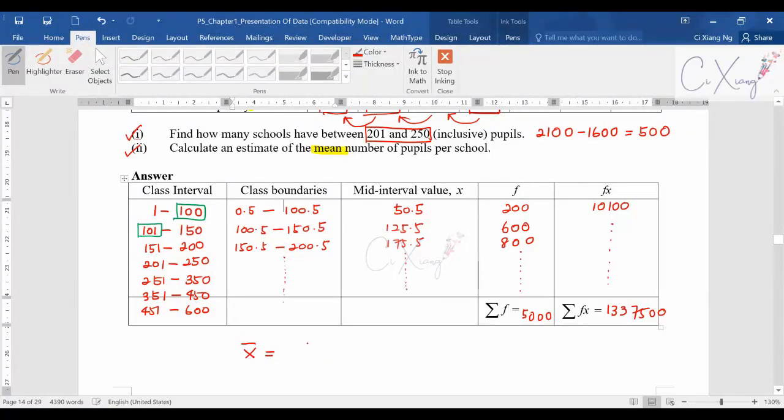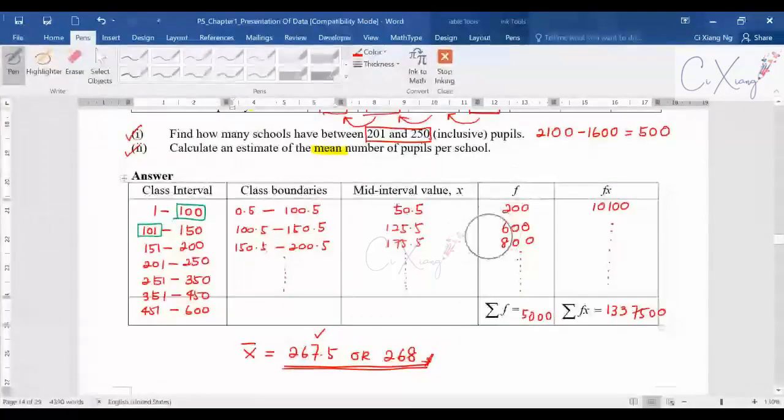So to find the mean, the final answer should be 267.5 or 268 if you want to round it to 3 significant figures. Alright, so in exam, this answer will be accepted although it is 4 significant figures, because it is not a very long decimal number until the calculator cannot finish showing it. So this is actually the accepted answer. Okay, 0.5 or maybe 0.25, all these are accepted actually. But if you want to be safe, of course you can change it to 3 significant figures.